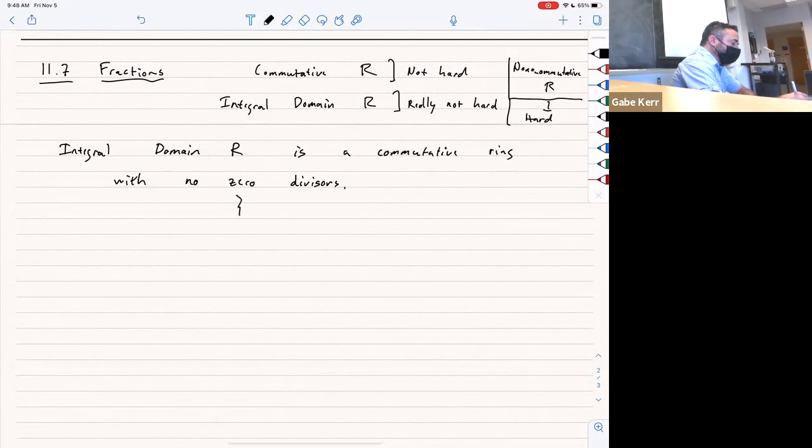So why is that helpful? Well, that's helpful because you have cancellation in integral domains that you don't necessarily have in general.